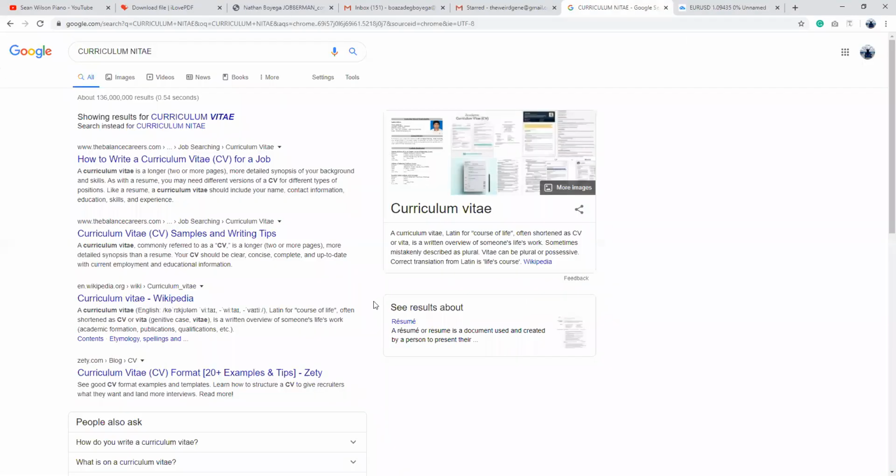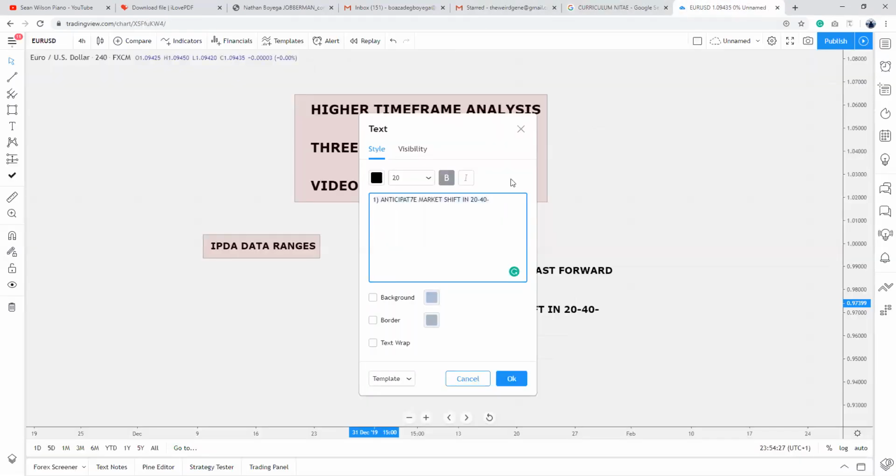So you anticipate market shift in a 20, 40, 60-day range forward, or past current price action. Let's actually change this to past current price action, because I know people are going to ask questions.